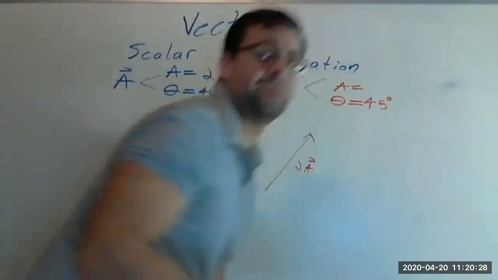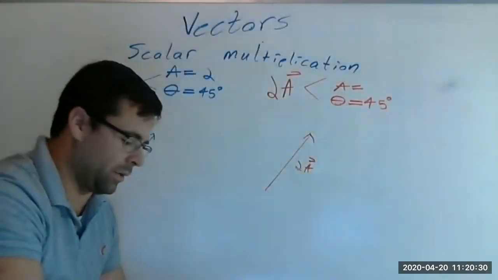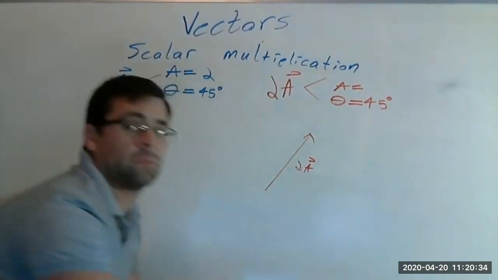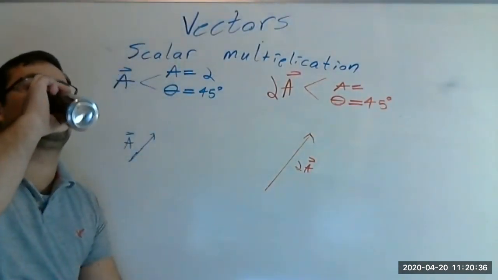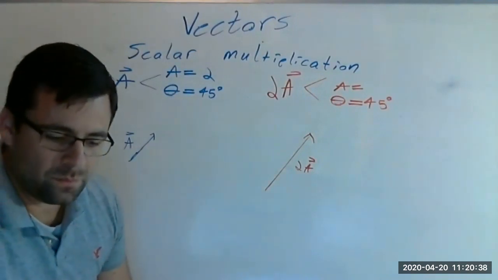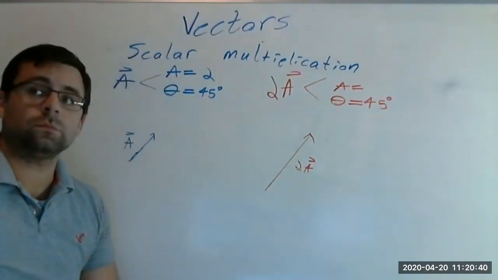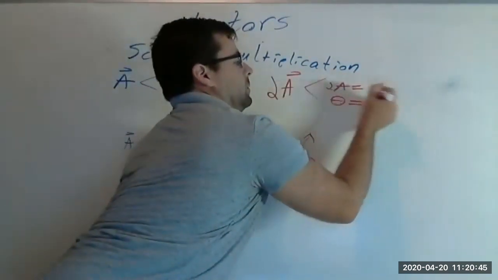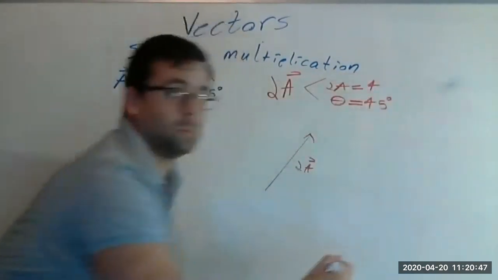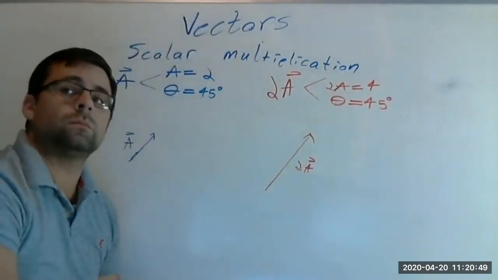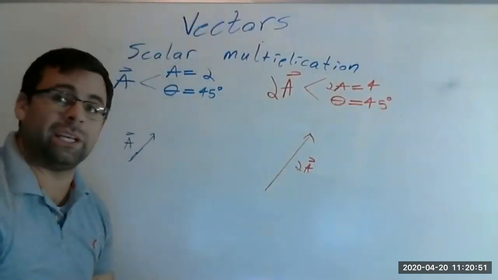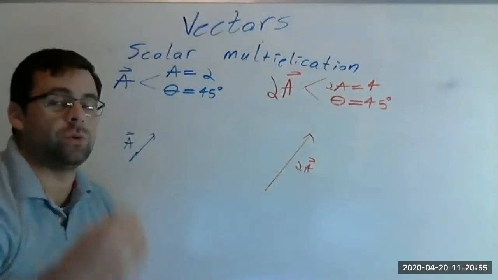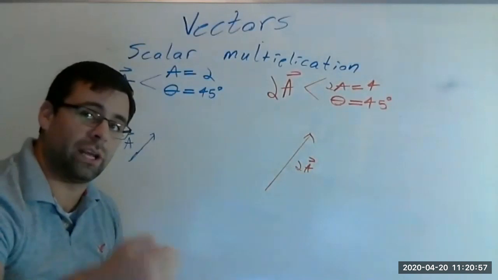What does it mean to be in proportion to another thing? So the magnitude is kind of different. If something is in proportion to something else, that means you can multiply it by a specific number and get the other thing.